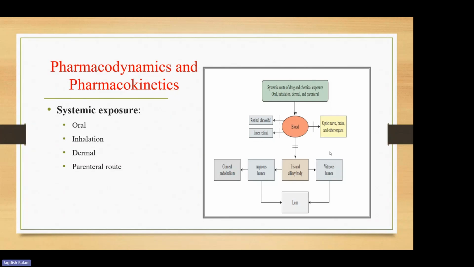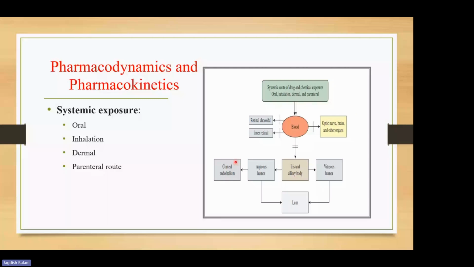So this is the route where any systemic compounds come into contact with the blood, and then travel to the retinal choroid layer, then the inner retina, and maybe travel to the nerve, brain, and other organs also. The iris and ciliary body have some supply, whereas the cornea doesn't have a vascular supply. It's nourished by the aqueous humor only, as I mentioned earlier.